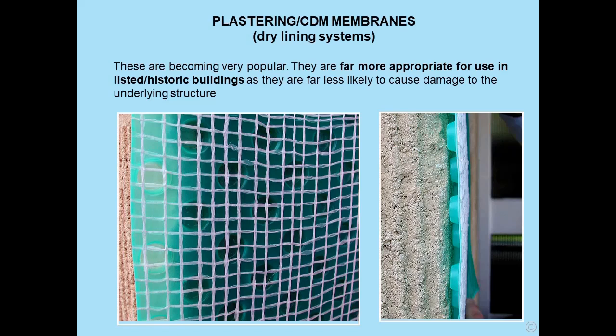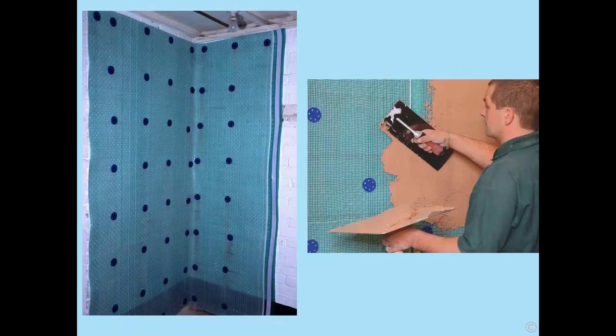And there's some plastering membrane. The one on the left you can see has got a nylon mesh to help bonding the material on top, and you can see the little plastic blisters that hold it from the wall. It's fixed to the wall by waterproof fixings, and there's a gentleman on the right putting any old finish over it. It's completely waterproof.